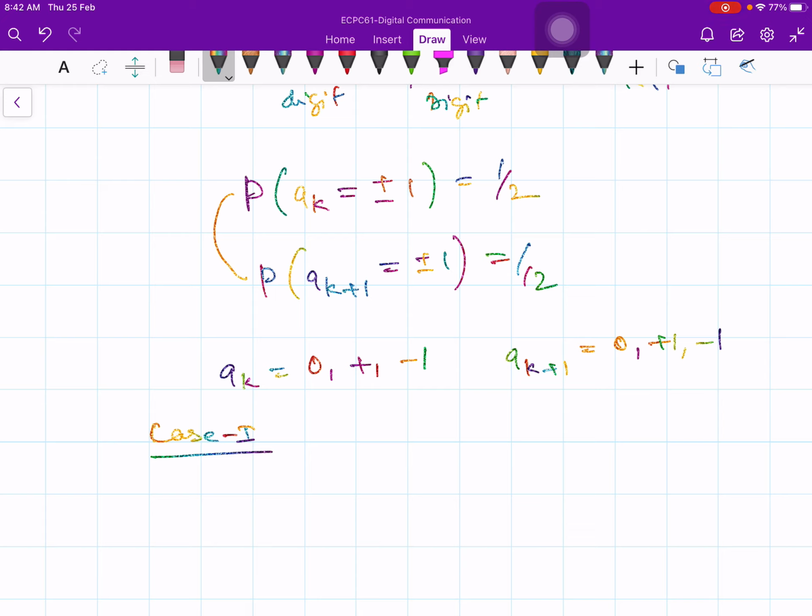Okay, so what we are trying to say is AK times AK plus 1 is equal to 1. When will I get this one?